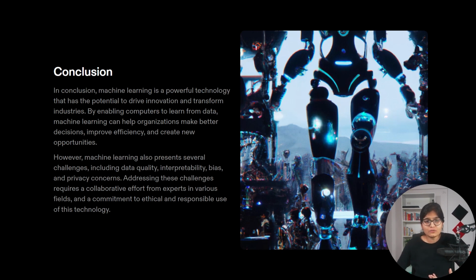So in conclusion, what we can say is machine learning is a powerful technology and it has the potential to drive innovation and transform industries. By enabling computers to learn from data, machine learning helps organizations make better decisions, improves efficiency, and creates new opportunities. But by saying that, we have seen today that it comes with challenges itself, which we have already talked about.